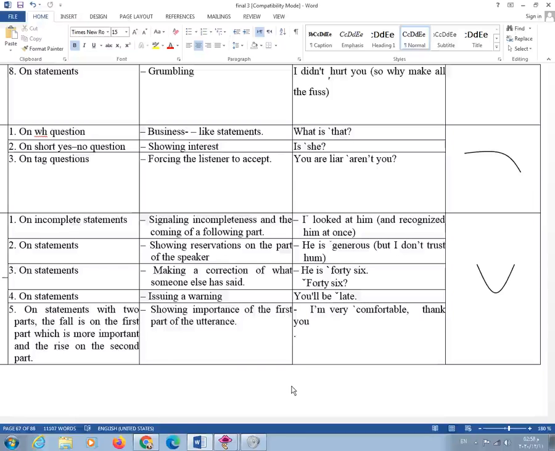So please try to be aware of the English tones and their functions, and put more effort and more time into mastering English intonation.